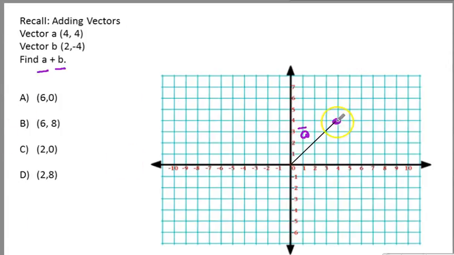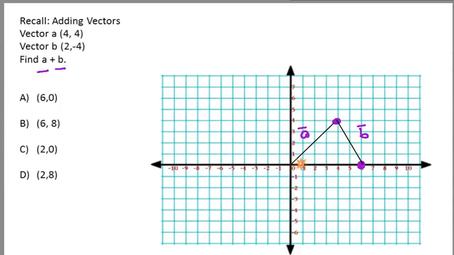I add the point 2, negative 4, so I go to the right 2, down 1, 2, 3, 4, and end up there. Again, that point does not represent my vector. This segment represents my vector. And so that's vector B. I've now added B onto A.